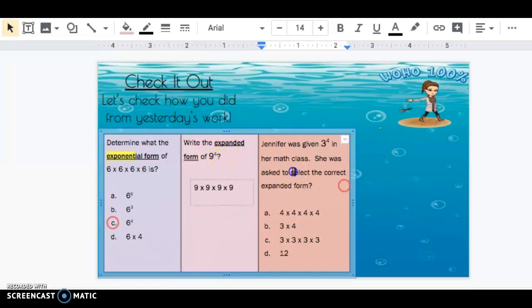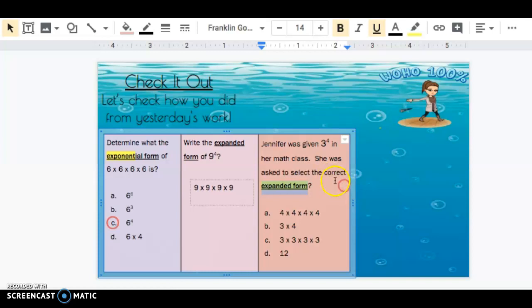The last question said Jennifer was given 3 to the 4th power in her math class. She was asked to select the correct expanded form. So expanded form means we're taking our exponential form and stretching it out and using multiplication in that stretch. We're expanding it, we're getting it longer.